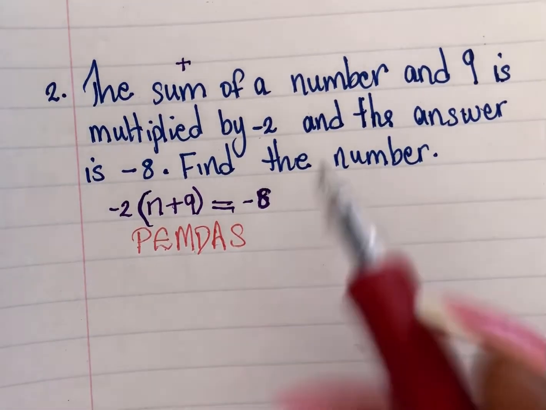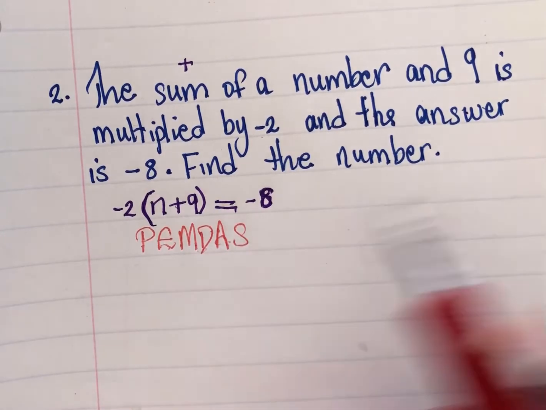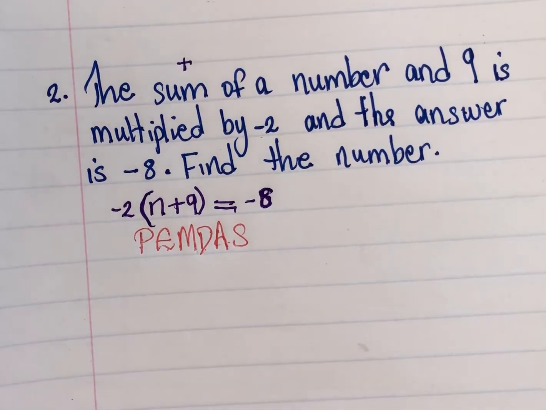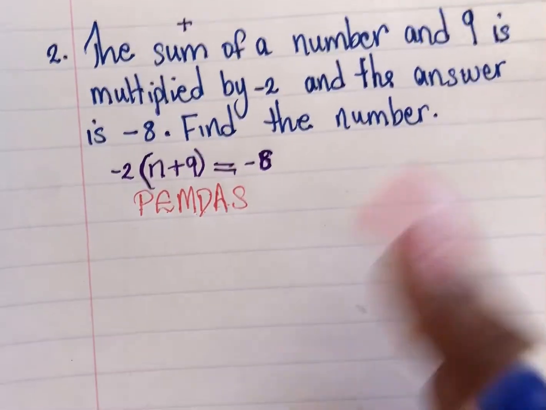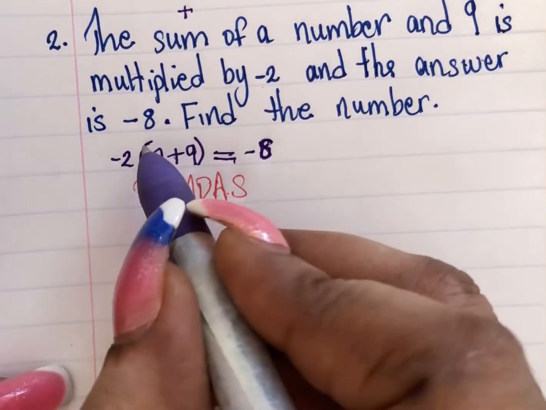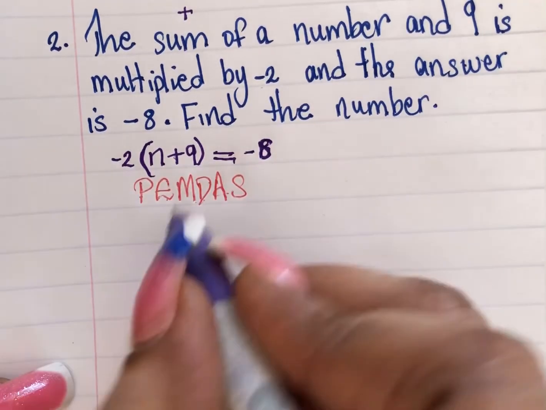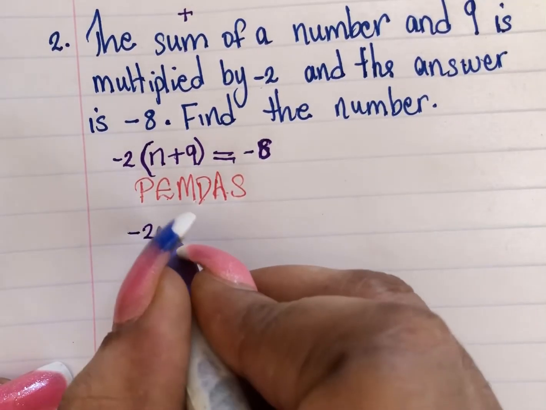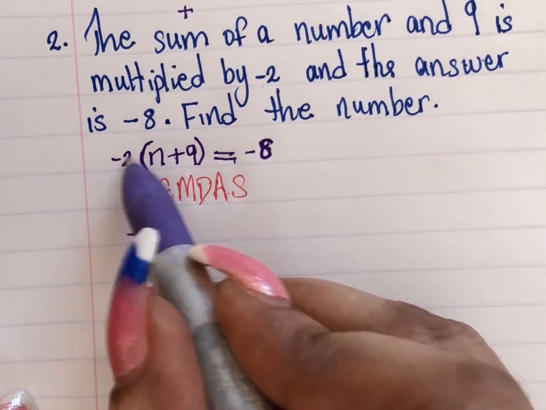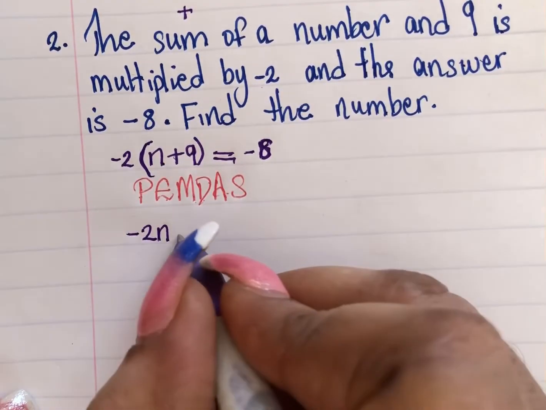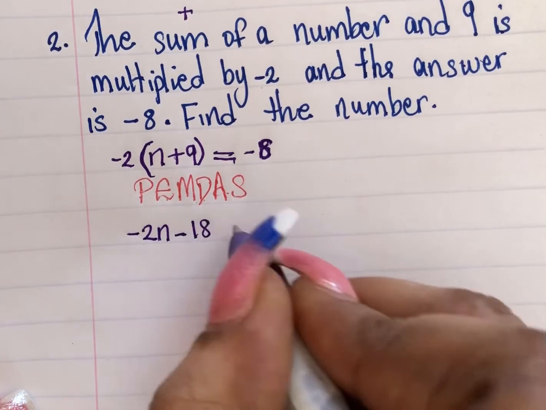With multiplication, division going from left to right, addition and subtraction left to right. Good. I'm going to remove my parentheses now. Let's go together. Negative 2 by positive n is negative 2n. Negative 2 by positive 9 is negative 18.